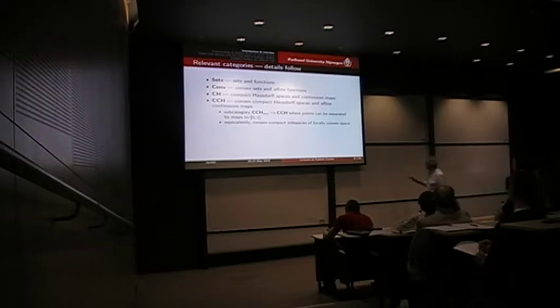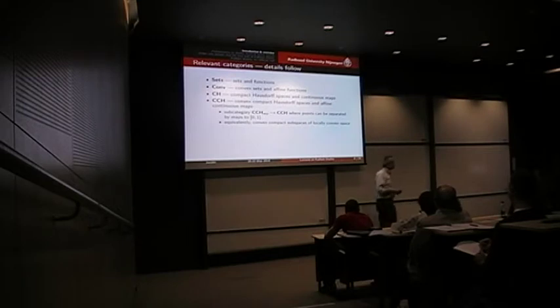So X is in CCH if I have two elements in this X, then there is a map phi from X to [0, 1] for which phi of x is not phi of y.